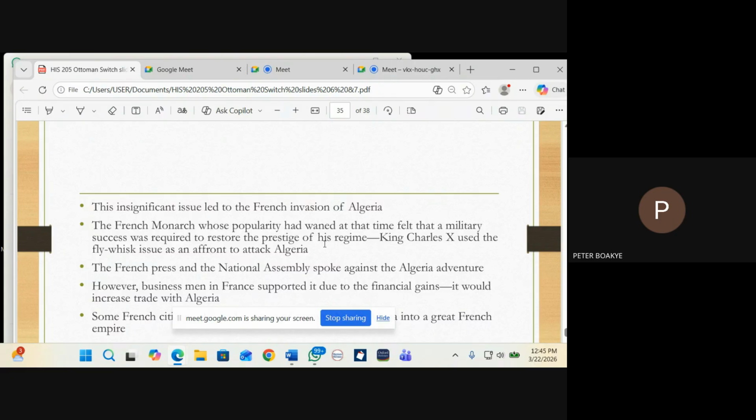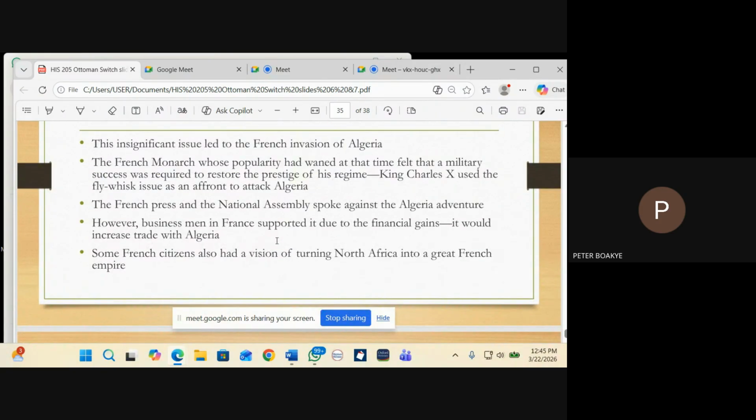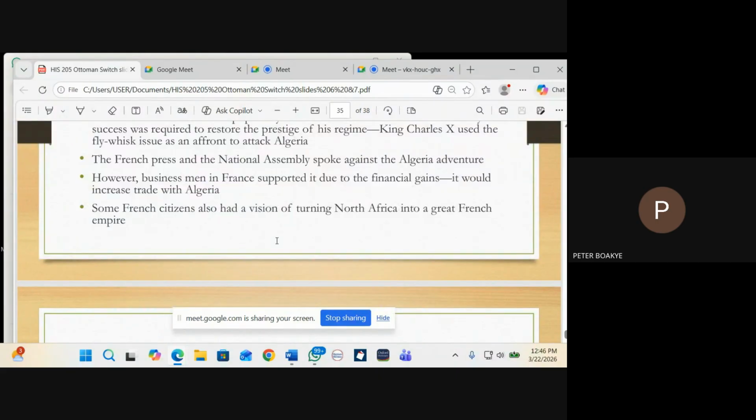And so the French press and the National Assembly spoke against the Algerian adventure, that it was irrelevant. In spite of the foregoing, even businessmen in France supported it due to financial gains. Being businessmen, they wanted the invasion to go on because they knew it would increase trade with Algeria. Some French citizens also had a vision of turning North Africa into a great French empire.